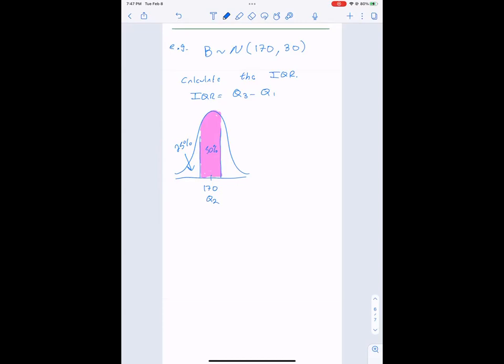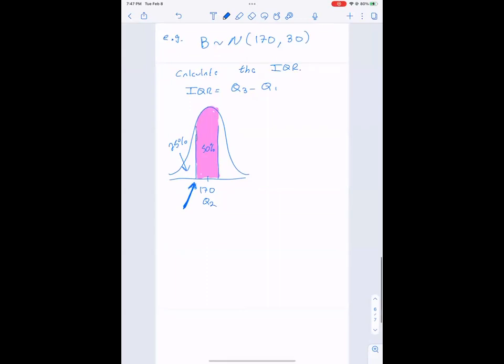Anyone? Would you solve for the z-score with 25%? Can I translate that to a score? How do I figure out the point that corresponds to 25% being to the left of it? Solve for the right and then subtract. It's not going to help me. Let me rephrase the question then. How do I find the point where 75% is to the right?